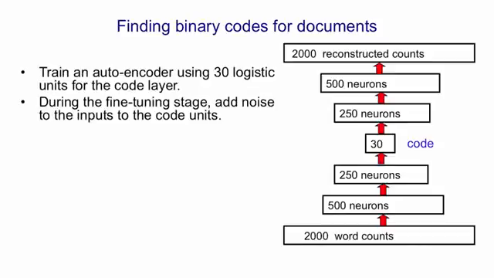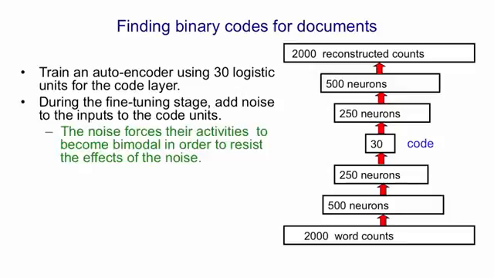So we first train it as a stack of restricted Boltzmann machines. We then unroll those Boltzmann machines by using the transposes of the weight matrices for the decoder, and then we fine-tune it with backpropagation. And as we're doing that, we add additional Gaussian noise to the inputs to the code units.